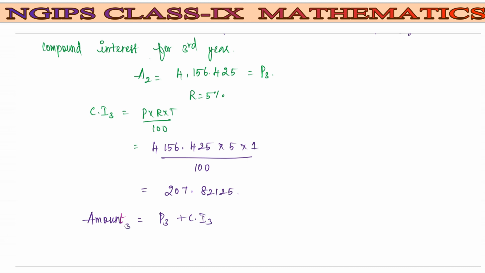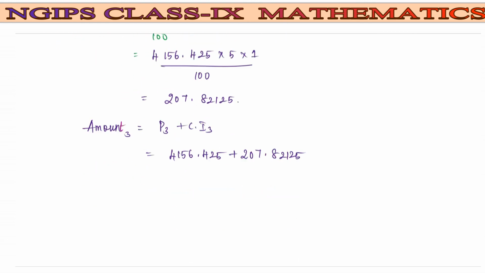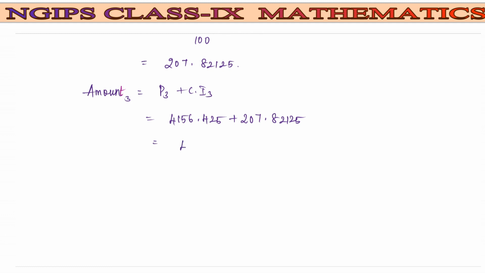Amount is equal to the third year principal plus the third year compound interest. Third year principal we have 4,156.425, plus compound interest 207.82125. If you add both, we are going to get 4,364.24625.